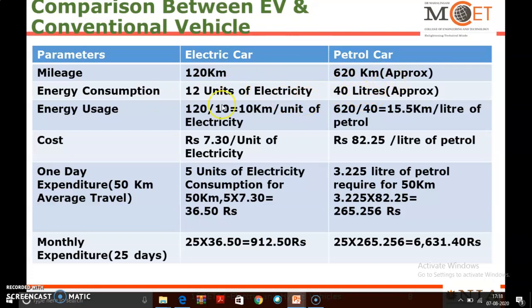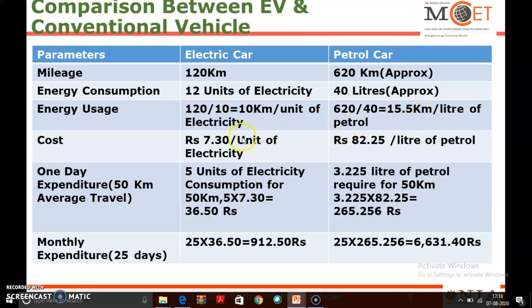Then for 1 unit of electricity, the electric car can travel 10 kilometer. Similarly, for 1 liter of petrol, the petrol car can travel 15.5 kilometers.